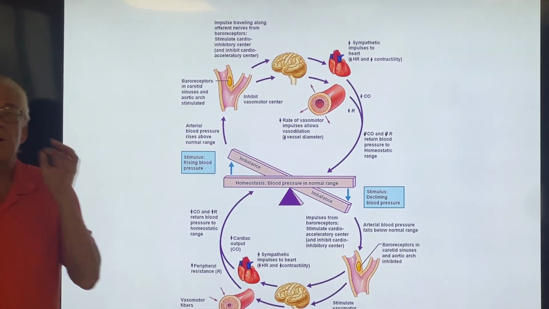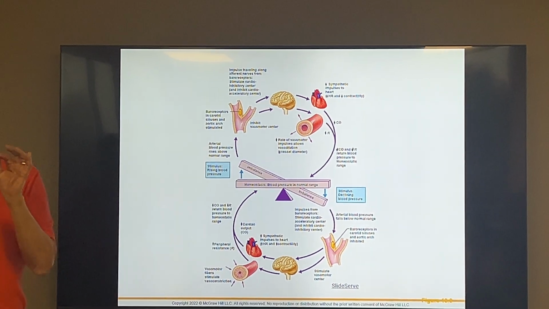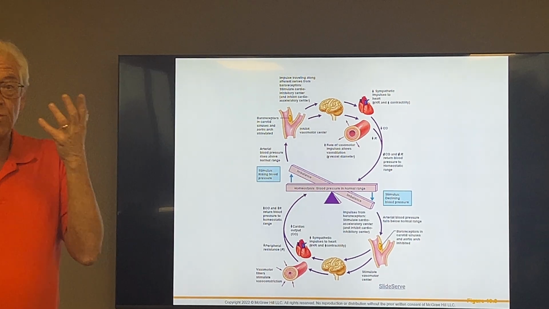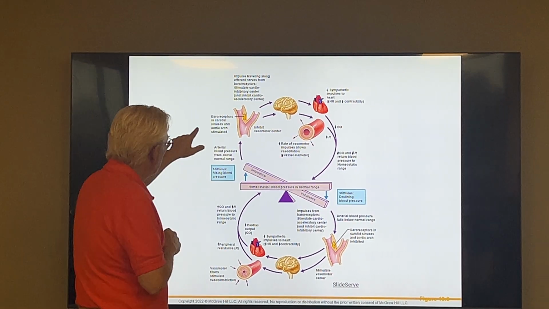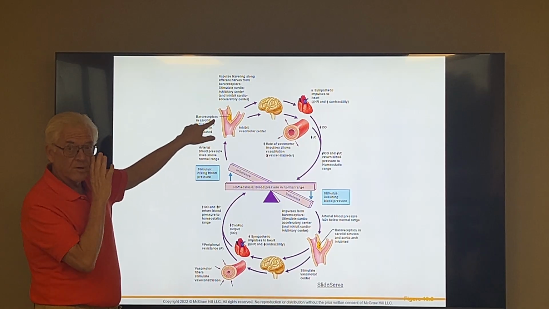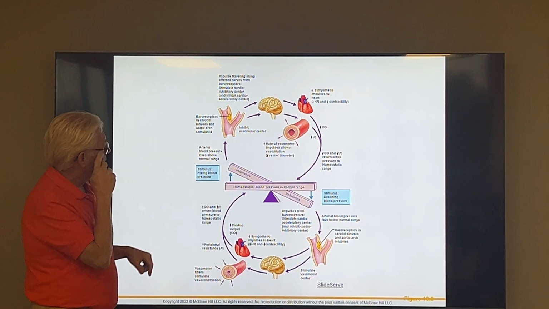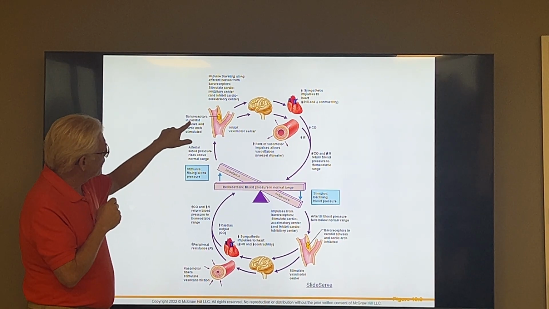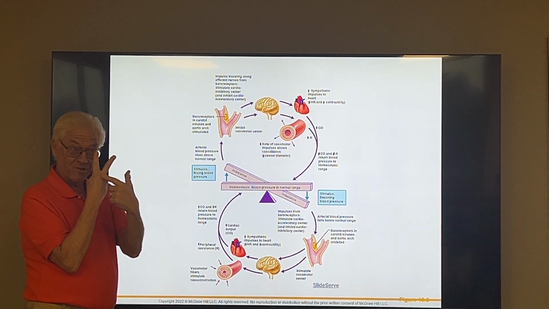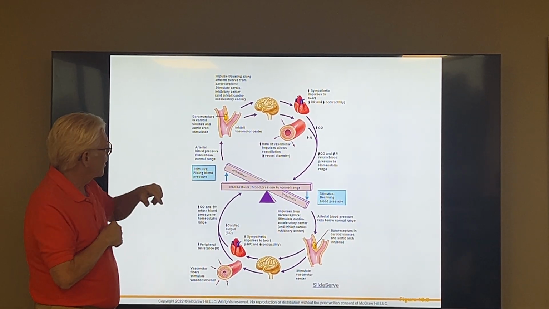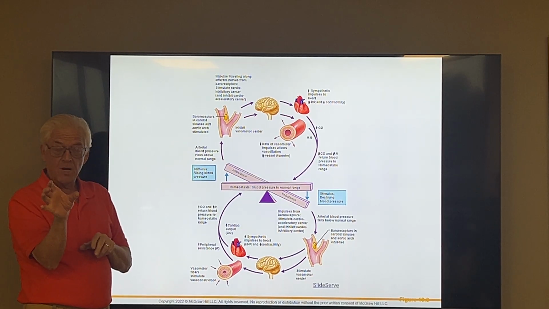We have to receive that stimulus. How do you know your blood pressure is going up? Well, you have baroreceptors, which receive what? Pressure. And they happen to be in the carotid sinus, where the carotid artery splits into internal and external. There's a hollow space called the sinus, and in your aorta, which makes sense.